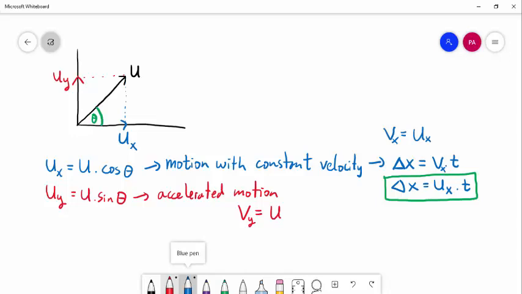Initial velocity y plus, because usually the formula is acceleration times time, but we can change it to gravity acceleration.